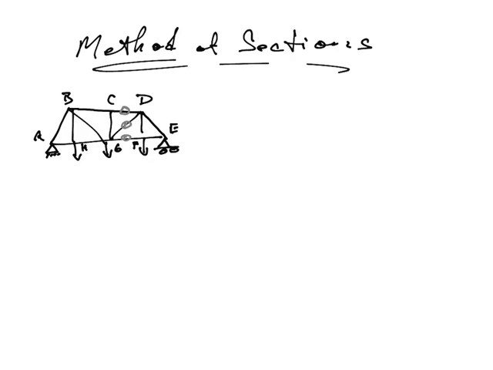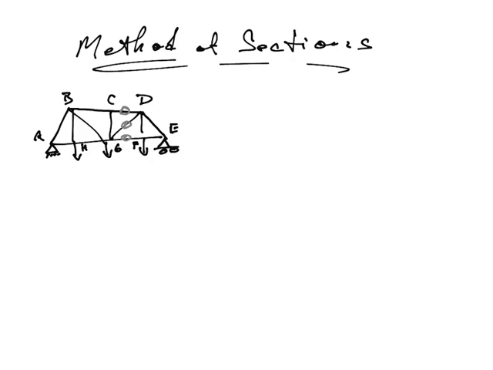However, the disadvantage is you're only finding the forces through those particular members, and those particular members have to be related in some way. So for instance, it's not just that any 3 members I could find using the method of sections, but rather 3 particular members that are pretty close to each other, and I'll tell you why in a second.